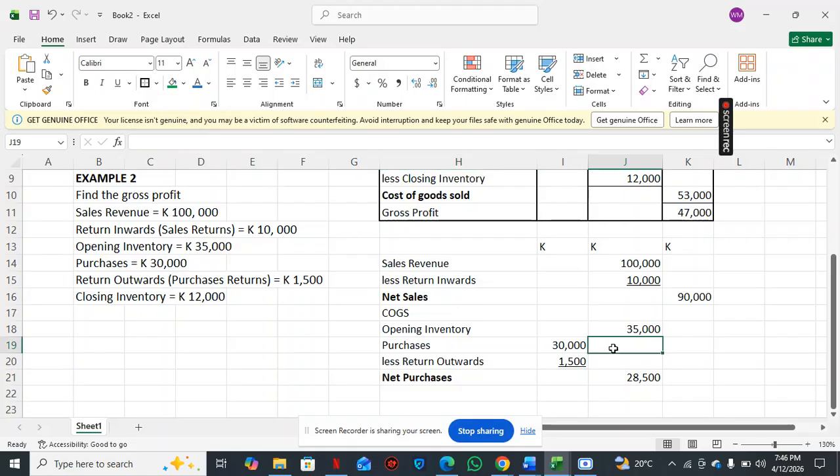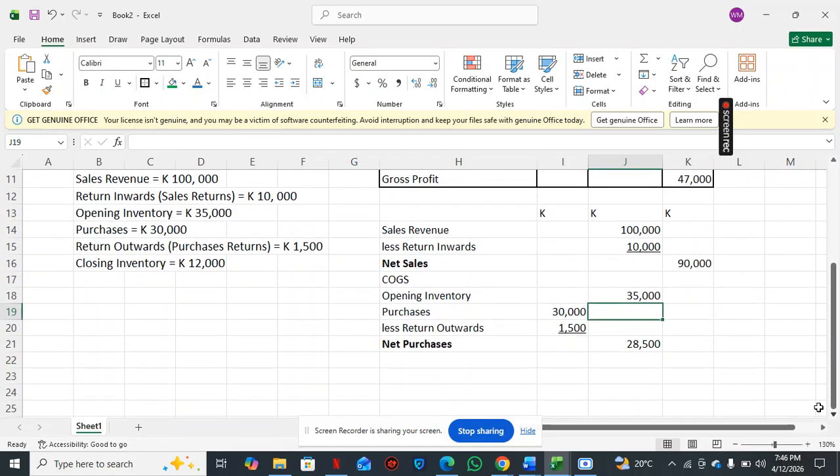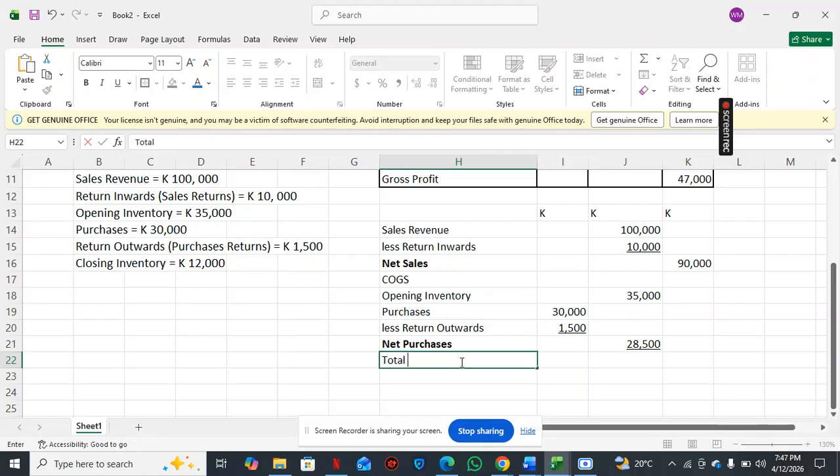Once we have our net purchases, we just add it to our opening inventory because we need to get the total cost of goods available for sale. So just remember this. After you have done your sales revenue adjustments, you know that next I have to get my cost of goods sold. In order to get my cost of goods sold, I need, number one, the total cost of goods available for sale.